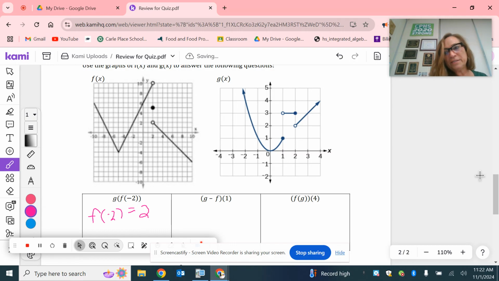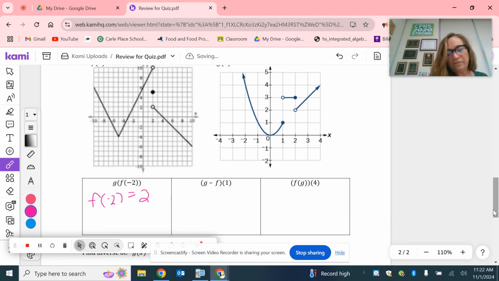Now I'm going to use that with g, so I find g of 2. So I go to where 2 is on the x, open circle, closed circle, so it's equal to 3. And that would be your final answer. It would be 3.